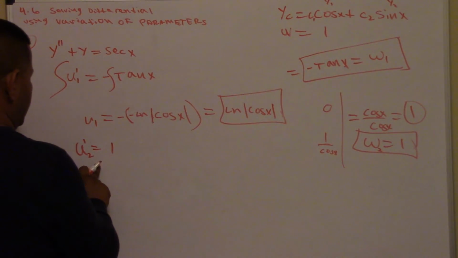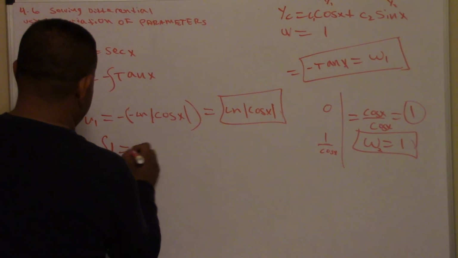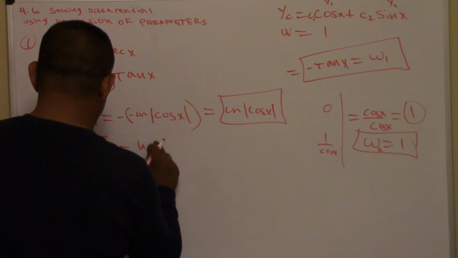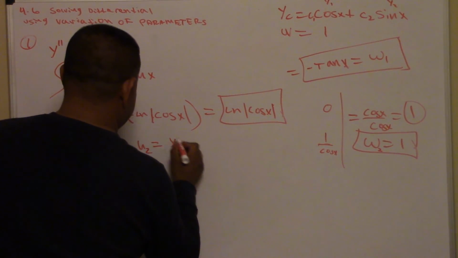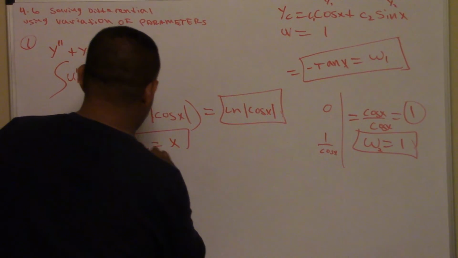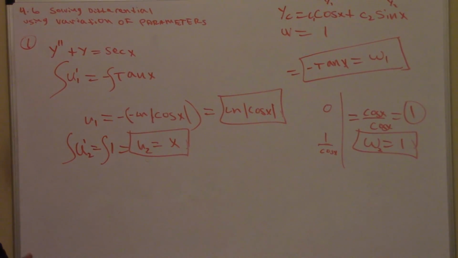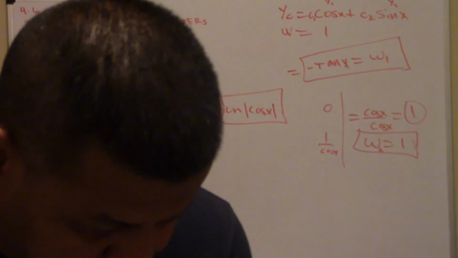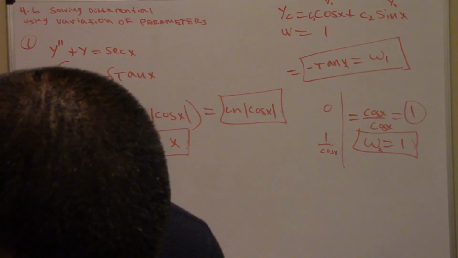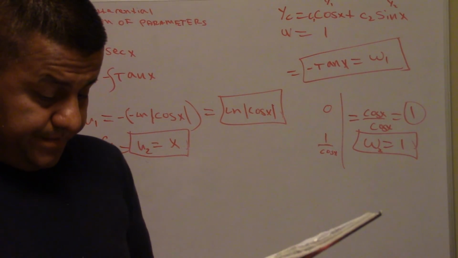So U2 prime is equal to 1. If I integrate on both sides, what do I get? I get U2 is equal to x. Okay? So now look at this, the final answer is going to be as follows.